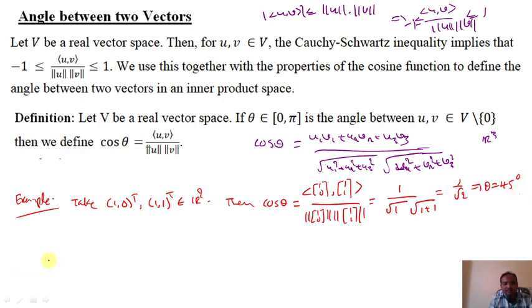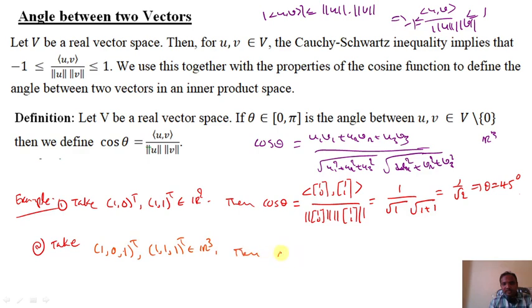Suppose I take a second example. Take the vectors (1, 0, 1) transpose and (1, 1, 1) transpose belonging to R3.